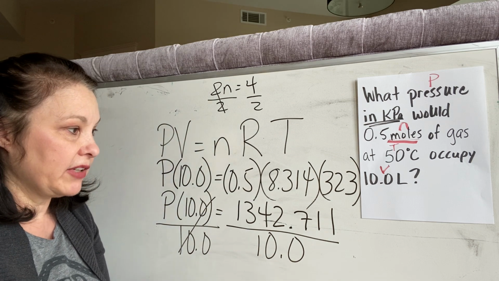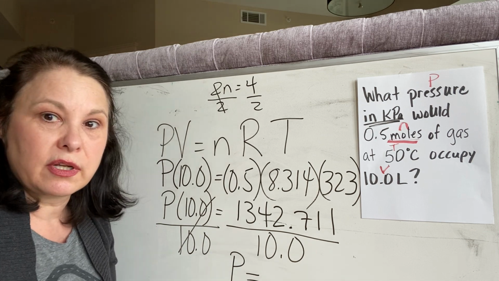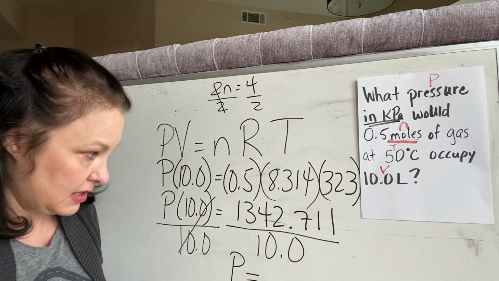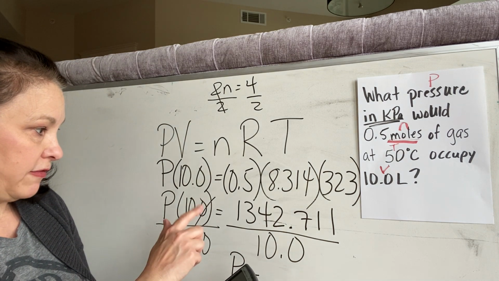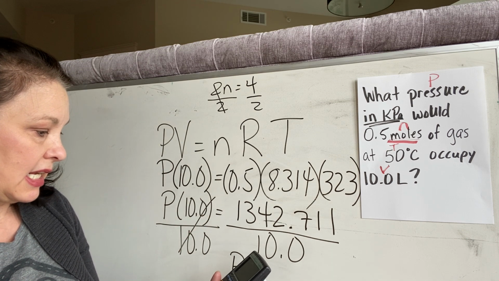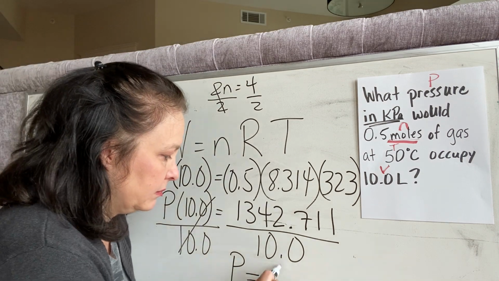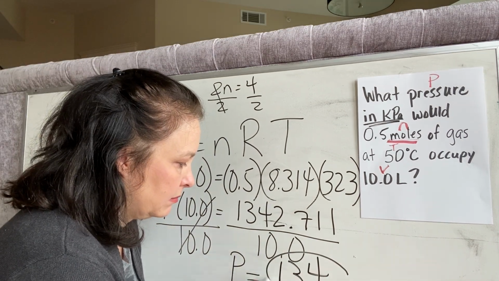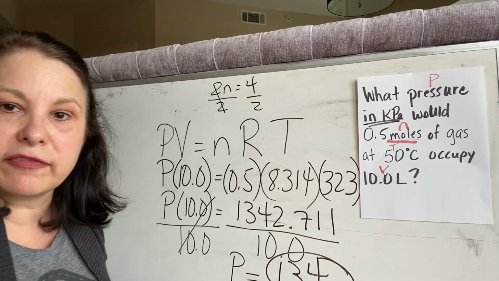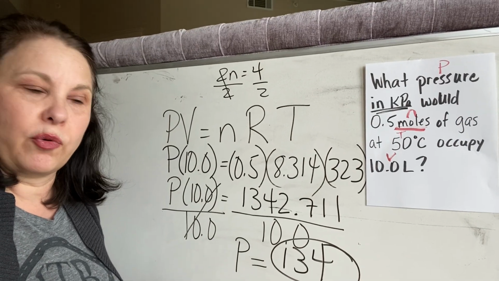So then all I've got to do is say P equals 1342.77 divided by 10 equals 134. Sorry about that. Bring it down a little bit. 134.